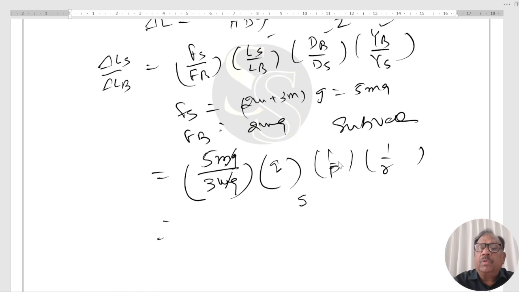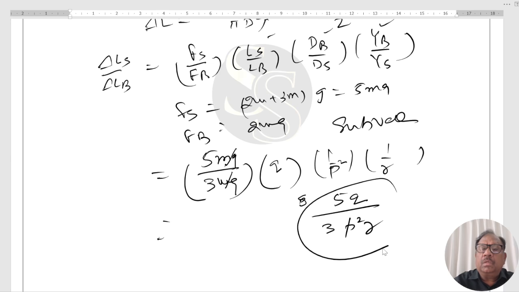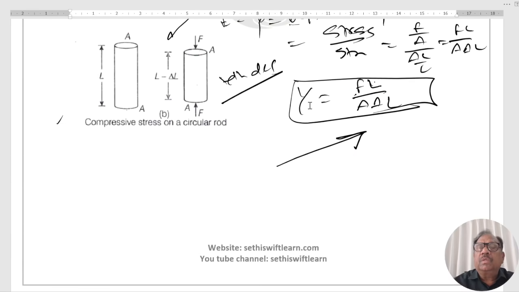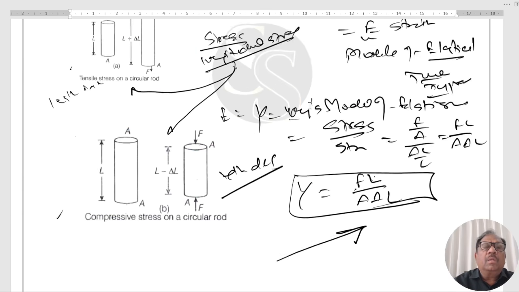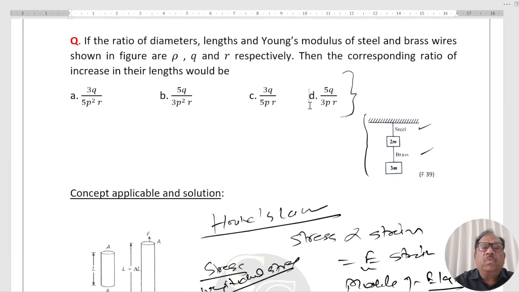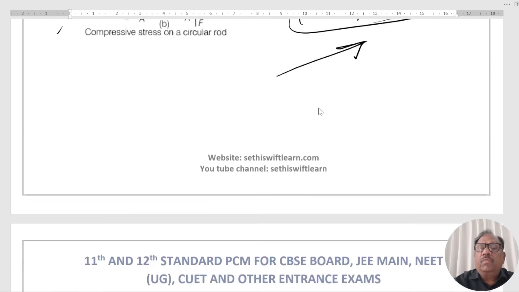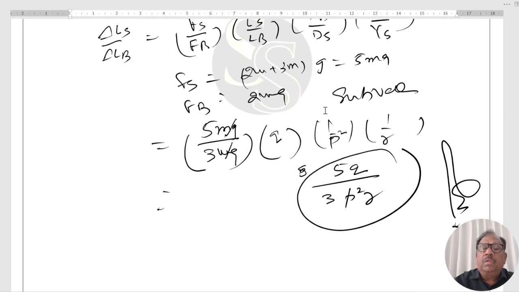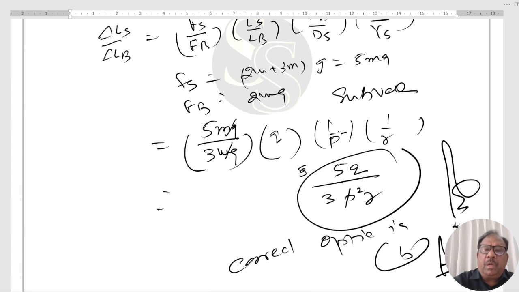So 5Q upon 3 P square R. This is the answer on simplification. That is the answer. Correct option is D. Right? Next question.